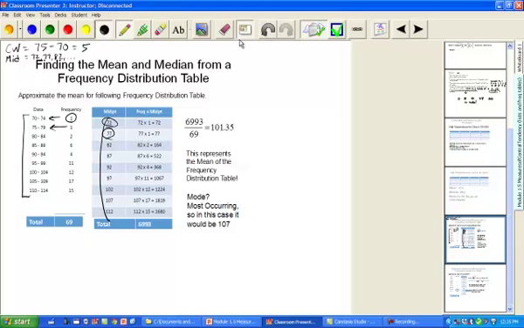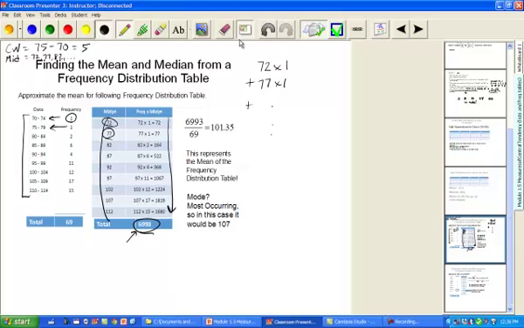So we take the 72, which is the midpoint of the first class, times its frequency, and then we add the 77 times its frequency, and then we add all the way down. So that's what was done here. So 72 plus 77 plus 164 plus 522 all the way down, and they got a total of 6993. You can double check that that's correct.